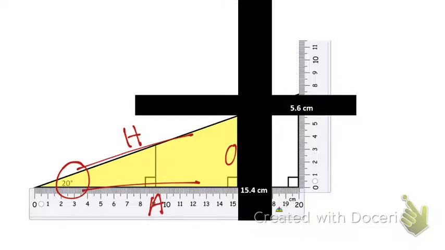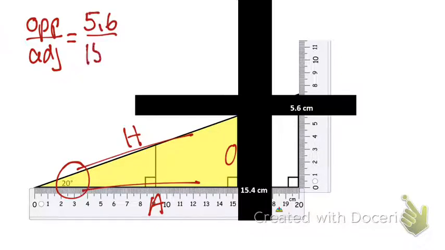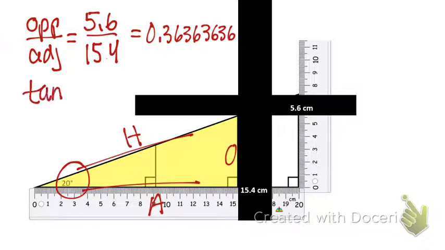So if we write the opposite over the adjacent, that's going to be 5.6 over 15.4, which is equal to 0.36363636. And so the tangent of 20 degrees, when we look at the middle size triangle, is 0.363636.